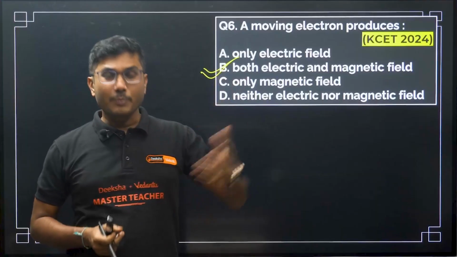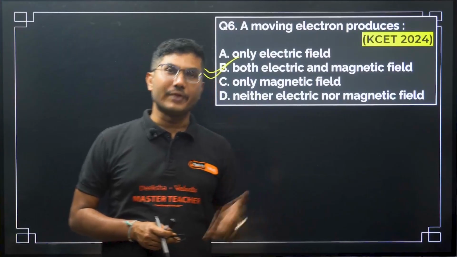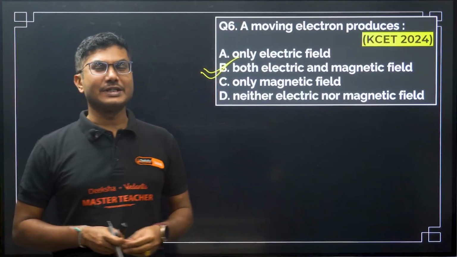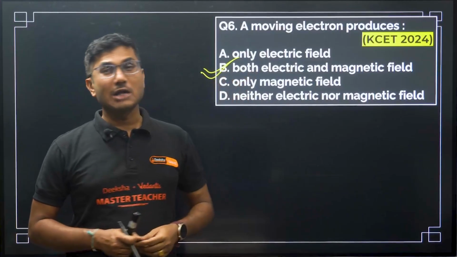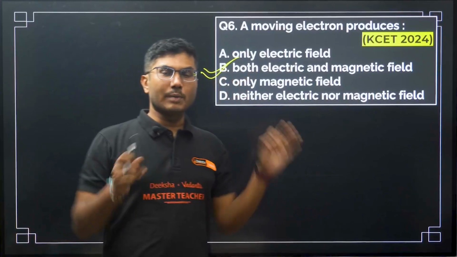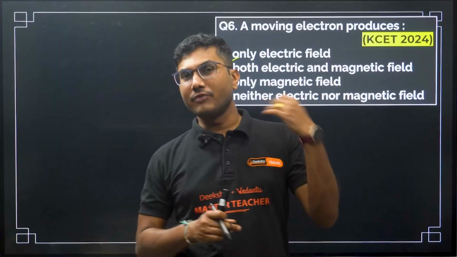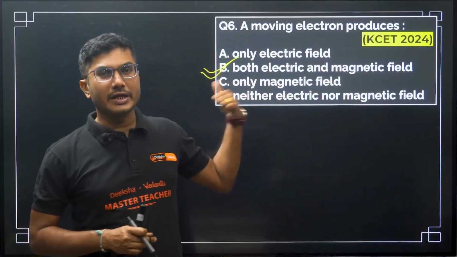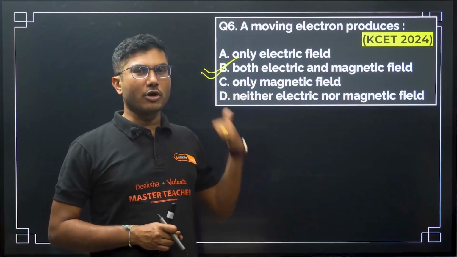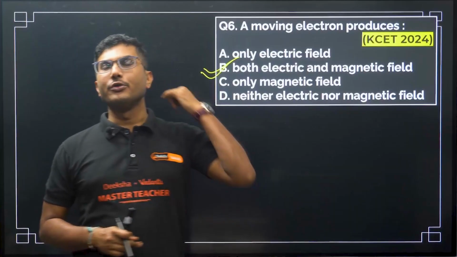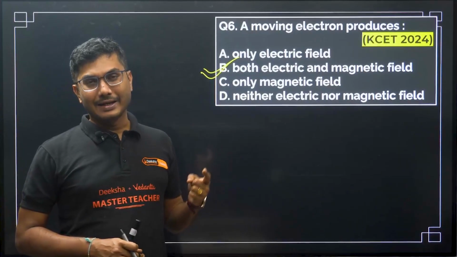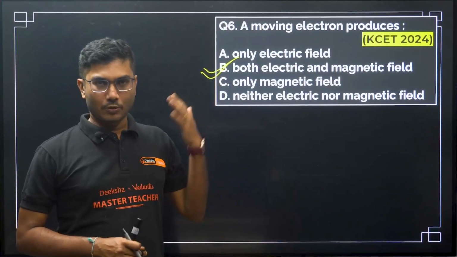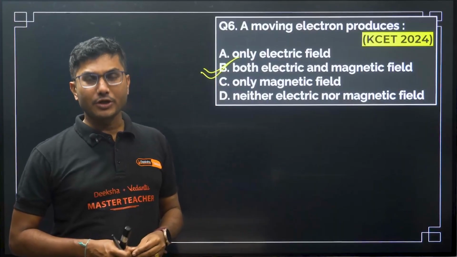Electrons are also passing in a conductor. So what is the difference? The basic difference is that here we are talking about a free electron. No protons or any other atoms are involved in here. So this is a free electron. Free electron, free proton, when they are moving, they will produce not only a magnetic field, but an electric field as well. Okay, because this is the basic property of charge, right?